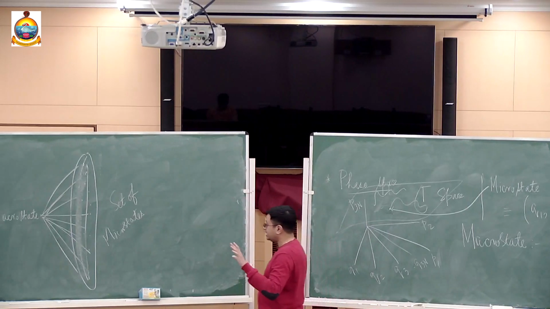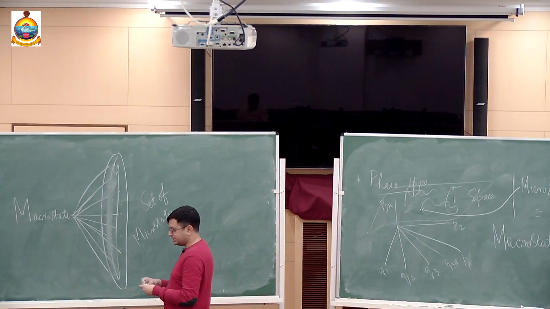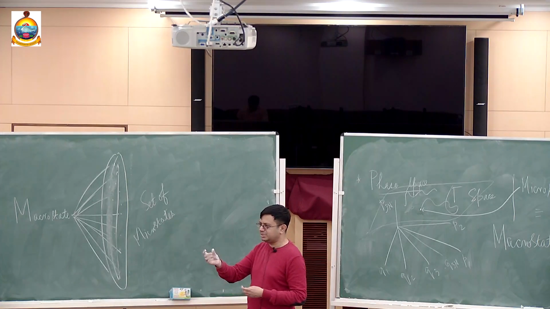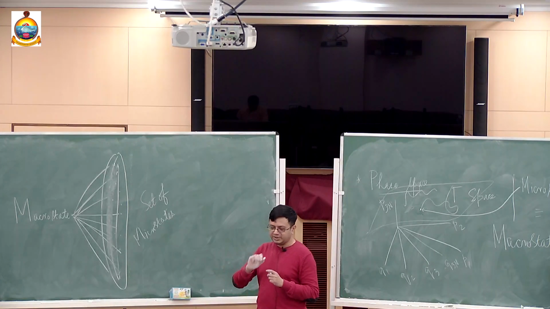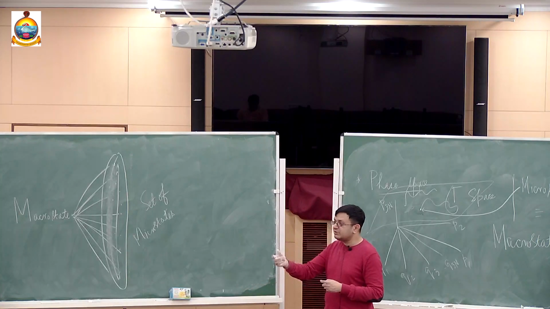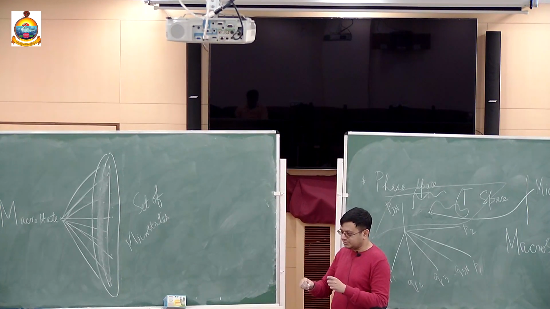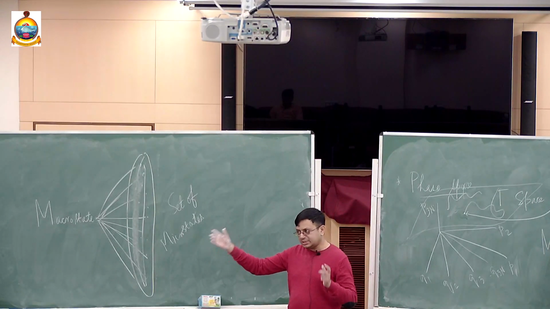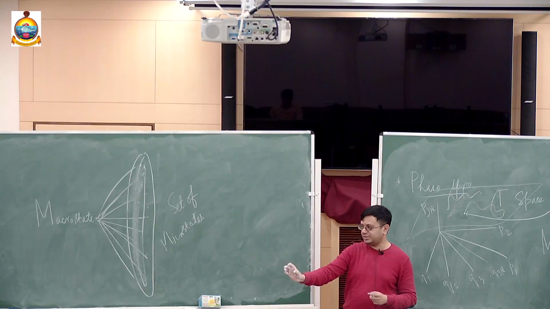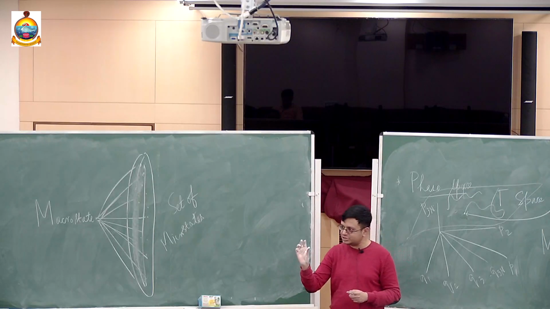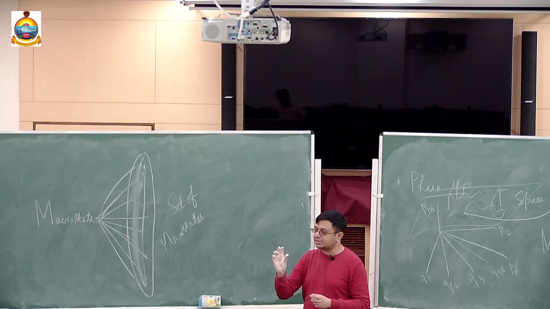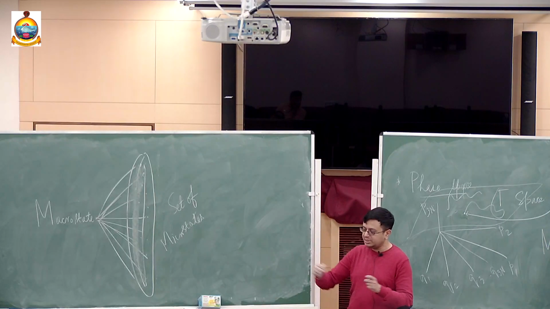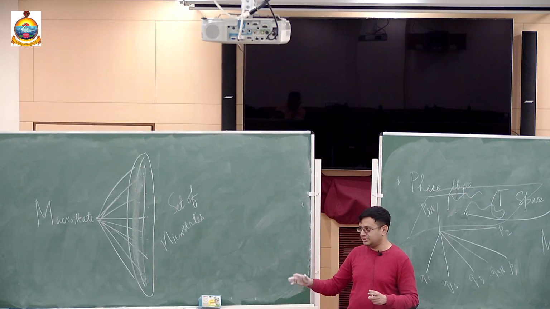Let me give you an example of an inconsistent microstate. Let's say the length of some material is 1 centimeter. If I give you a microstate that has 2 particles separated by 1 kilometer, it's a microstate, but it's not consistent with the given macrostate, because if the length of the chalk is 1 centimeter, then two of its constituent atoms or molecules cannot be separated by 1 kilometer.